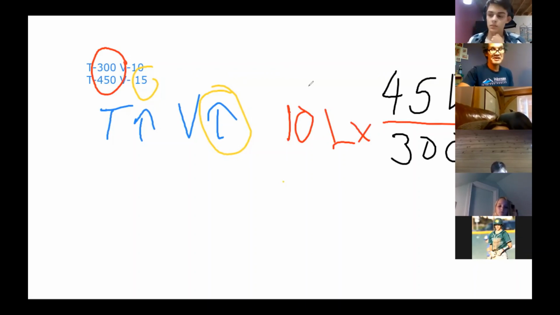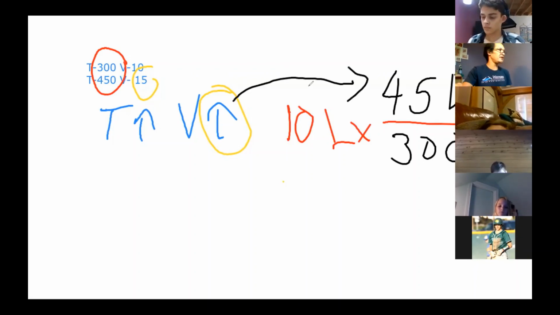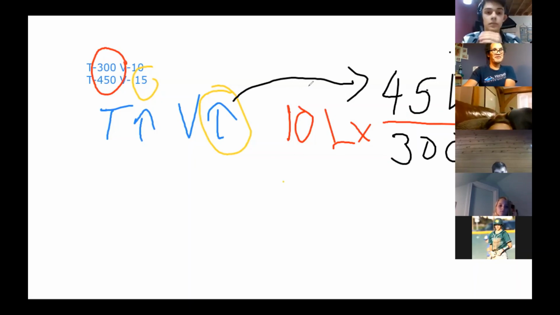So because of that arrow, because it's going up, I put the big number on top. If this had been a problem where the thing I'm looking for went down, I would have put 300 on top. So 450 over 300 is 1.5. Does that make sense? You guys with me? 450 divided by 300 is 1.5 times 10 is 15.